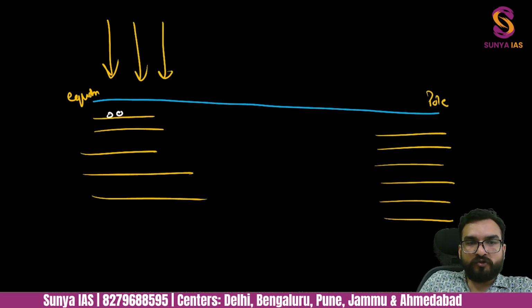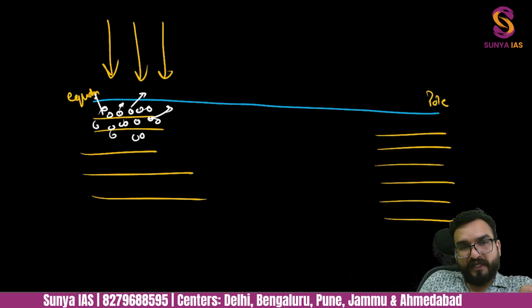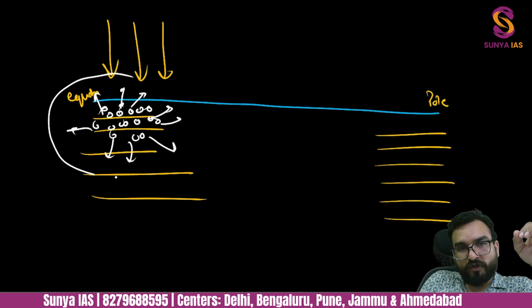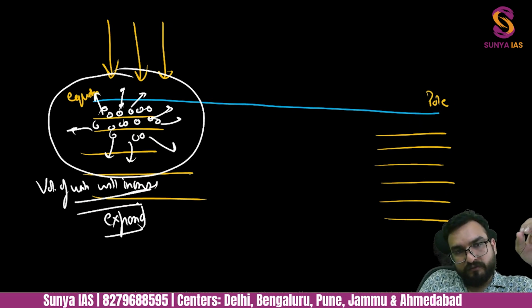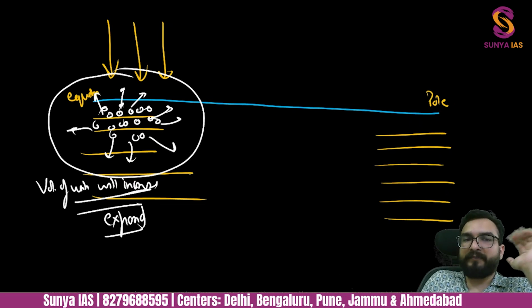The molecules of this water will expand automatically. When they expand, they will be occupying more area, right? They will be having high kinetic energy also. They will be expanding, so the volume of water over here will increase. They will try to expand. It will automatically happen.